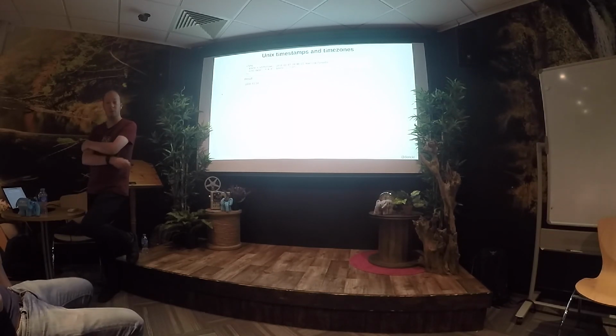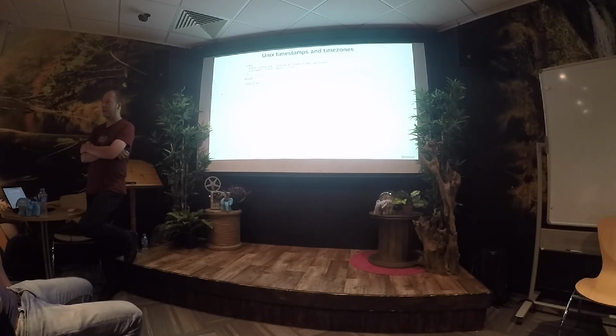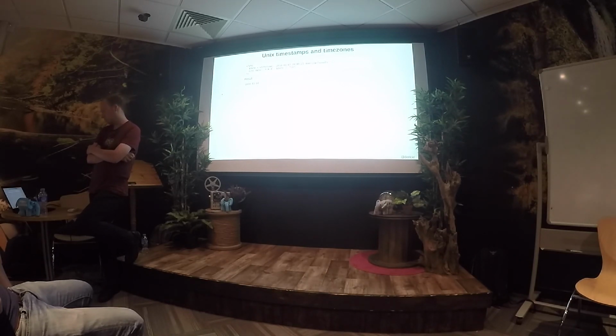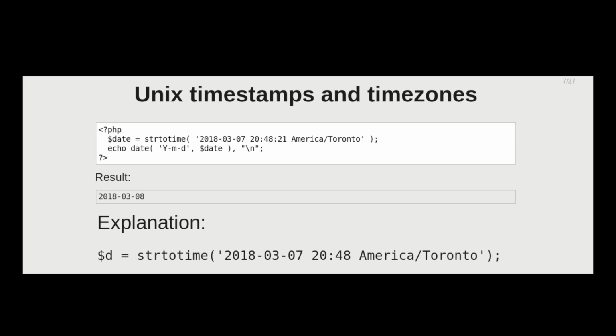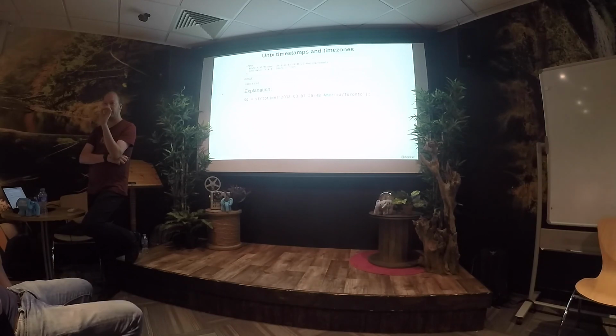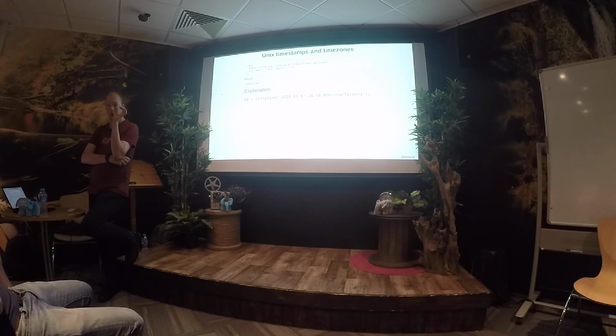So it actually shows you March 8th. Now, why does it show March 8th? Because I set the default time zone to Europe/Oslo. Yes. So what actually happens if I parse this string, even though it has a different time zone in there, in this case Toronto, is that the timestamp that strtotime returns has no time zone information associated with it anymore.